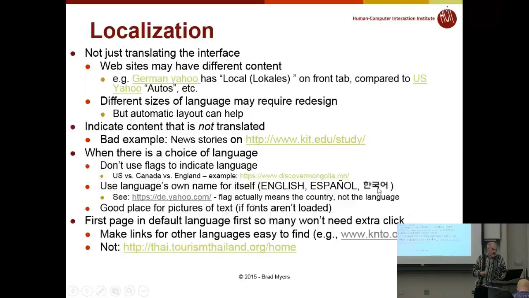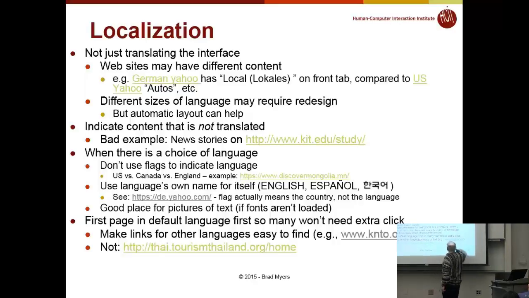So one issue is that a browser may not necessarily have the fonts for your language. So this is actually a picture of Korean. And so this is a good place to actually use a picture rather than trying to use fonts. Right?